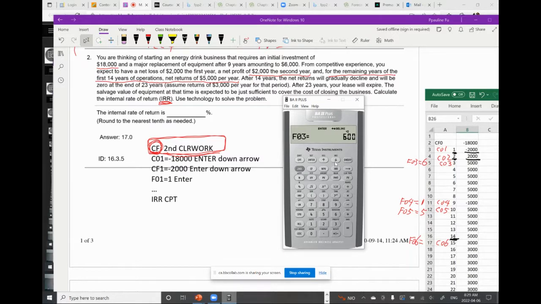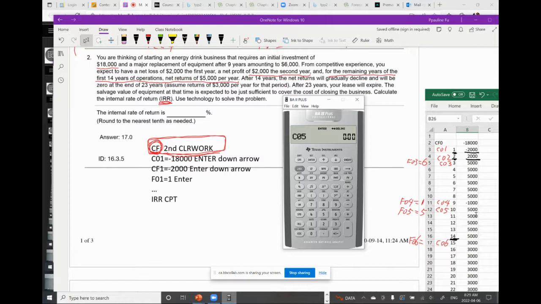Okay. Now down arrow key, C04. This is C04. Negative 1,000. So typing 1,000, negative. Okay. Enter. That is C04. How many times for C04? Just one time. So down arrow key, F04 equal to 1. Enter.